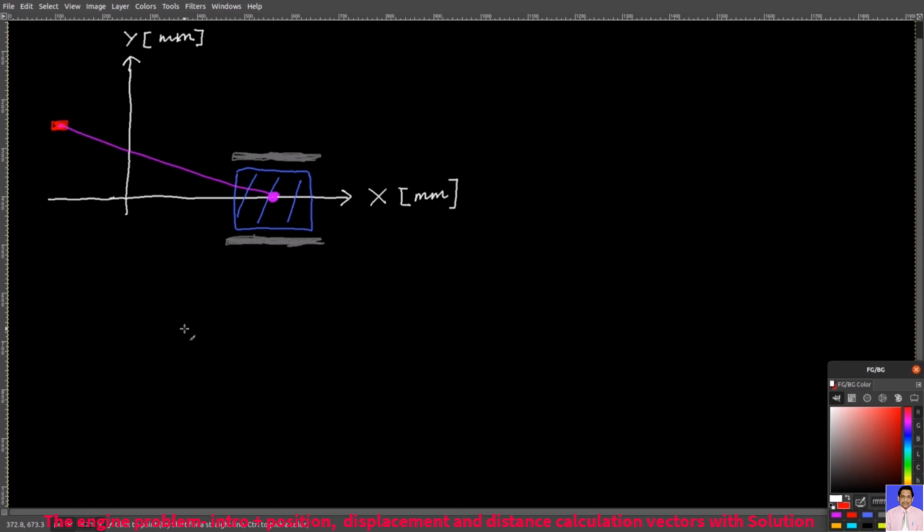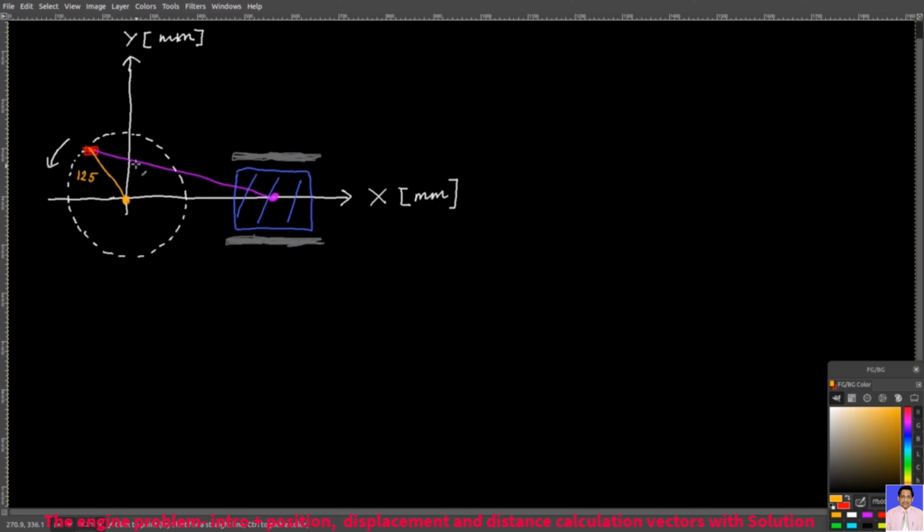And so the information that I'm going to give you is the following. This red dot, it circles like this. And so the center of the rotation, it's this point here. It's the origin of this coordinate frame. So you see you have this rotation circle, and the radius of this rotation circle is 125 millimeters.